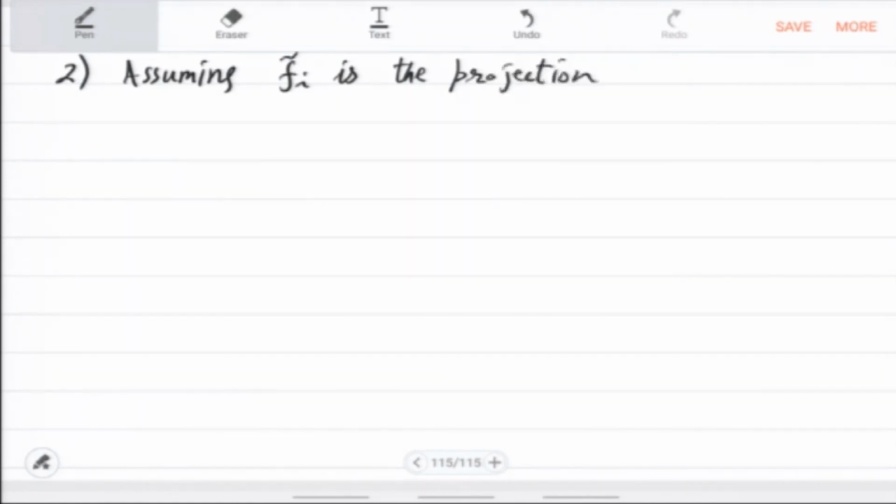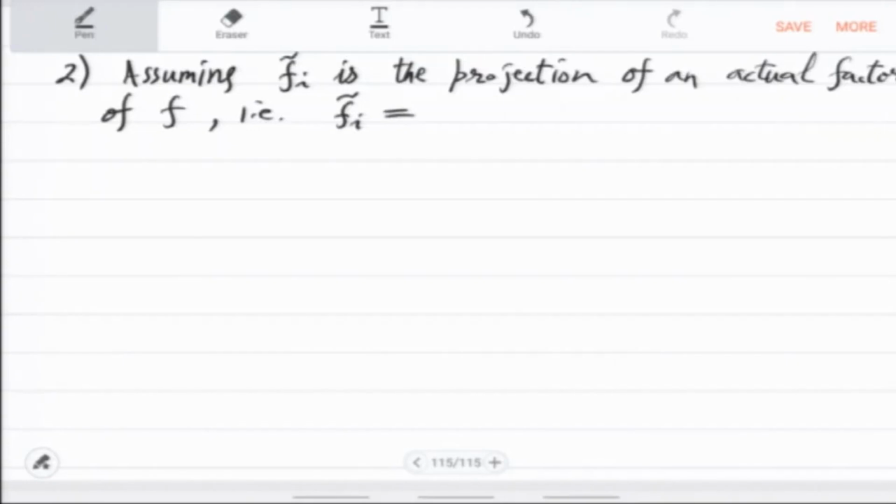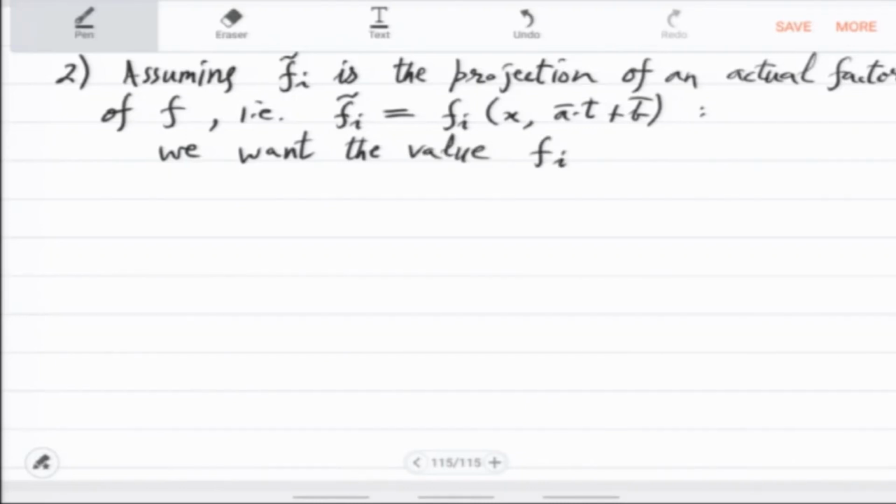Next, what you do is, assuming Fi tilde is the projection of an actual factor of F, that is Fi tilde equals Fi(x, a bar t plus b bar), we want the value Fi(alpha, beta bar).